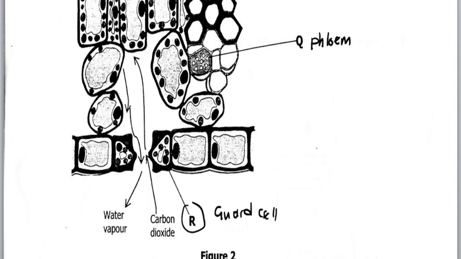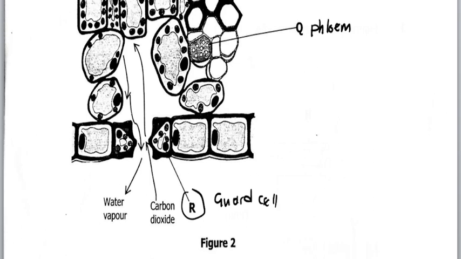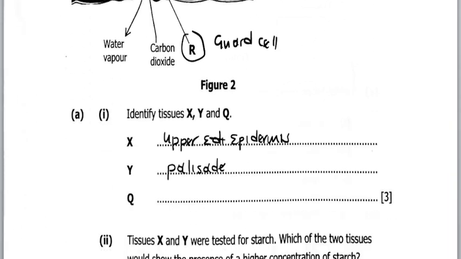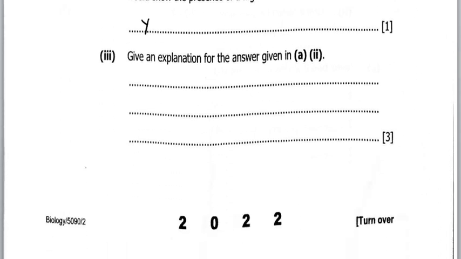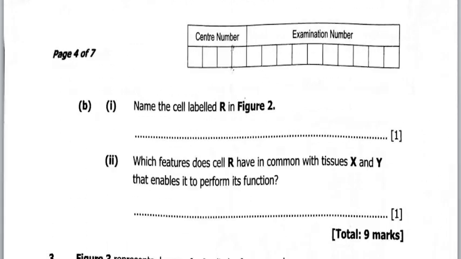So we've identified it to be called the guard cell. Then which features does cell R have in common with tissues X and Y that enables it to perform its function?